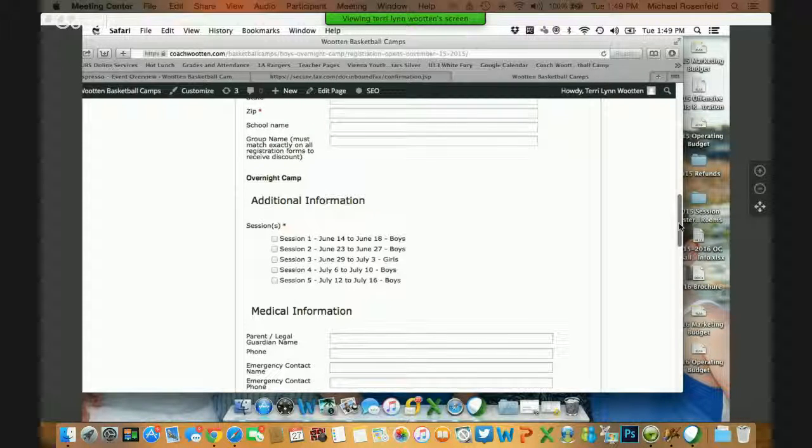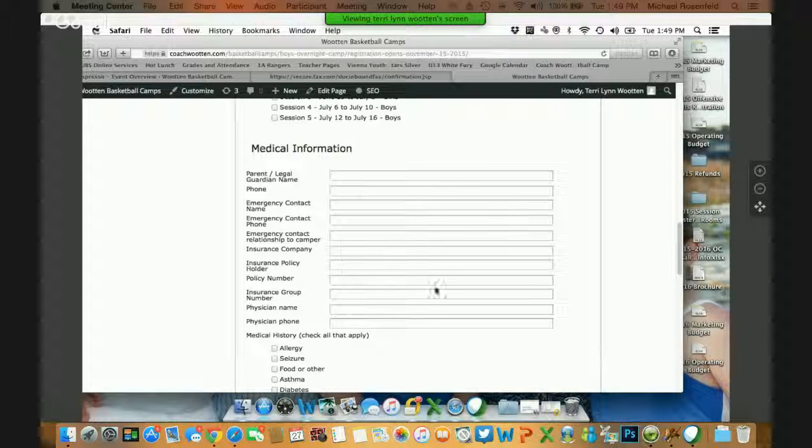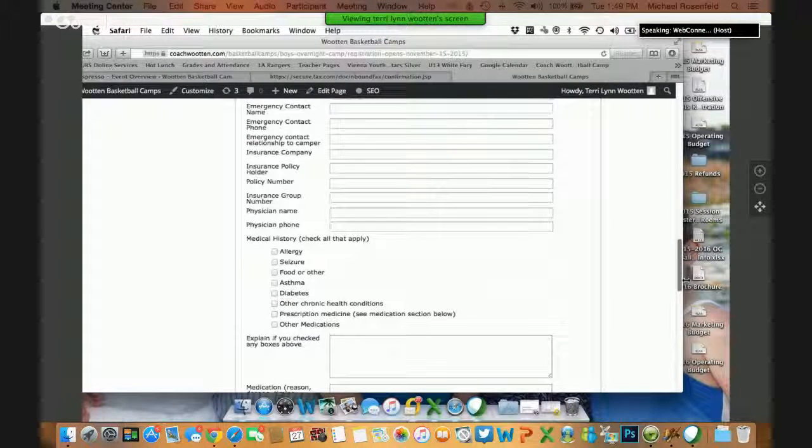All right, medical information. So all of this is needed and required. Everything should have an asterisk in theory next to it. Well, now, the medical history, where it says under physician's phone, the medical history checks all that apply, shouldn't be required, because if they don't have any of those problems, I don't want it to stop them from finishing their registration.